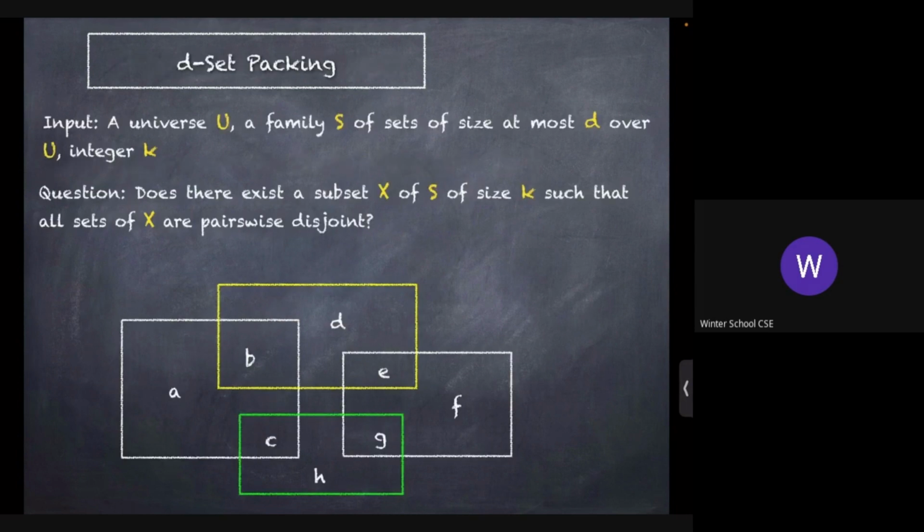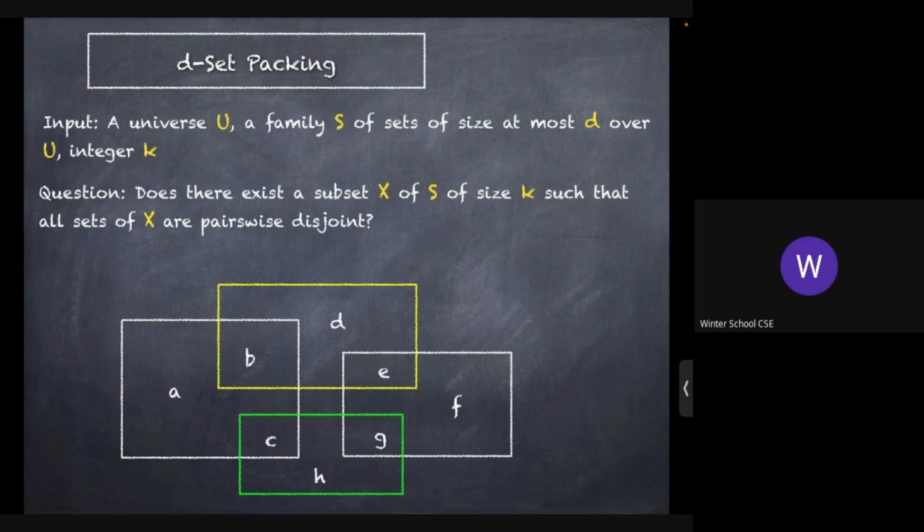As a home exercise, I want you to construct a polynomial kernel for d-Set Packing. It's a problem dual to the hitting set. Here I have a universe U, a family S of sets of size at most d over this U, and an integer k, and I'm asking if there exists a subset X of S of size k such that all these sets are pairwise disjoint.